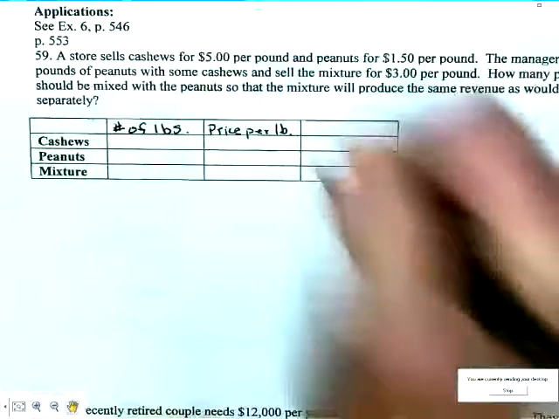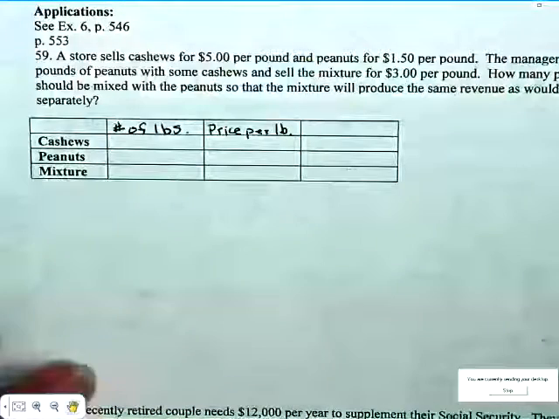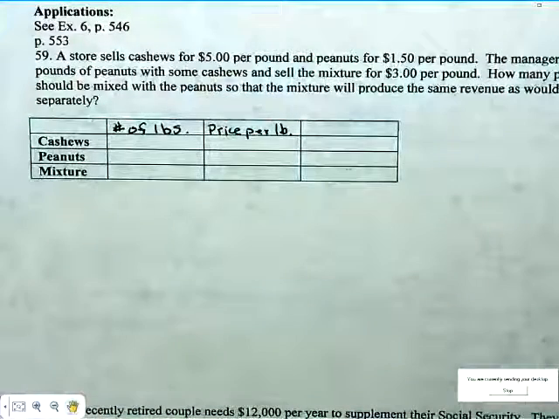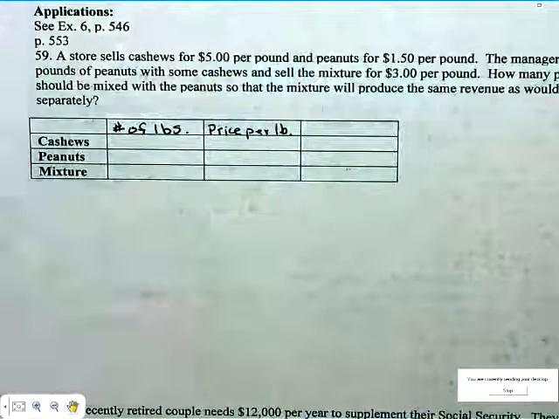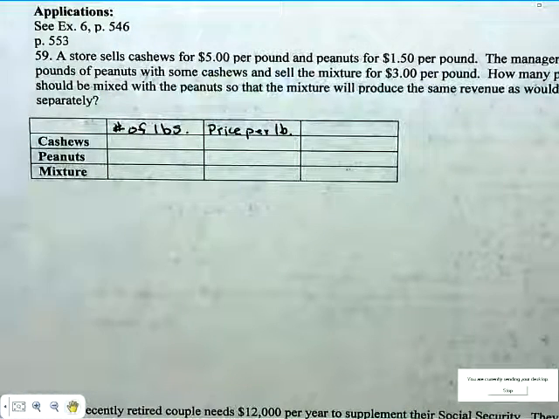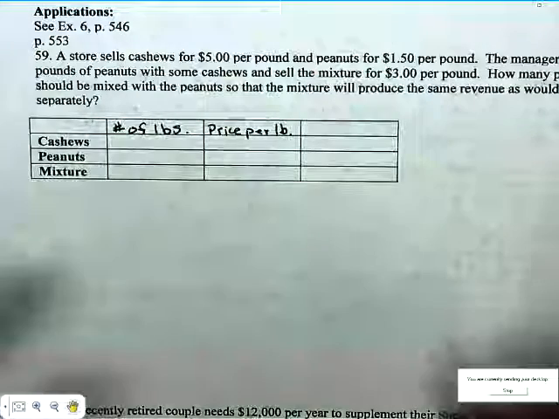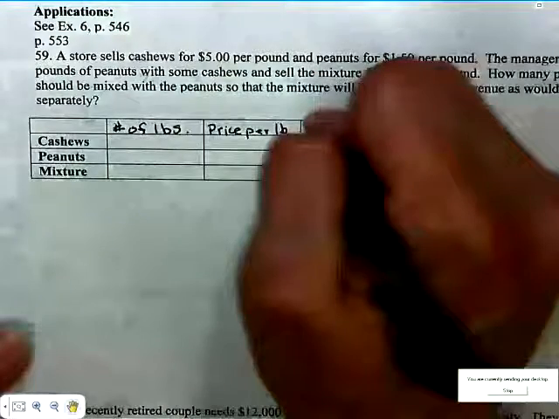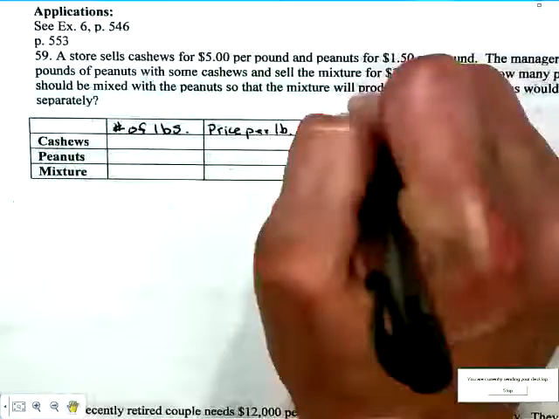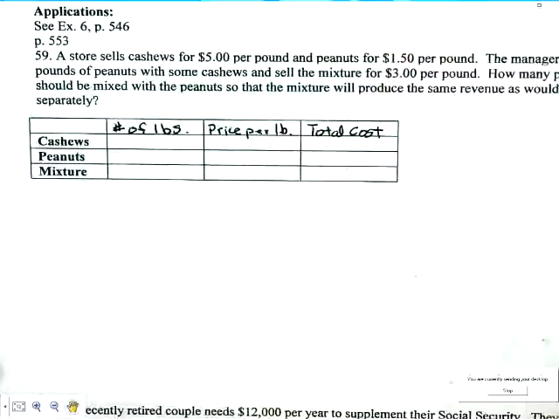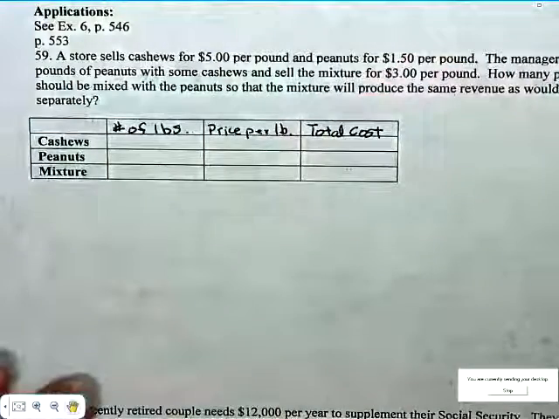And let's just say you were buying 3 pounds of something that cost $4 a pound. What do you pay? $12. You multiply price per pound times number of pounds, and that gives you the total price or total cost. That's the hardest part of this problem, just figuring out what to put on your table.